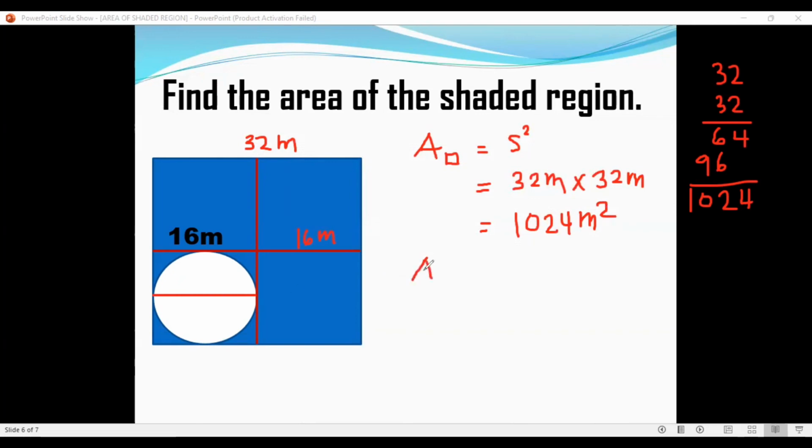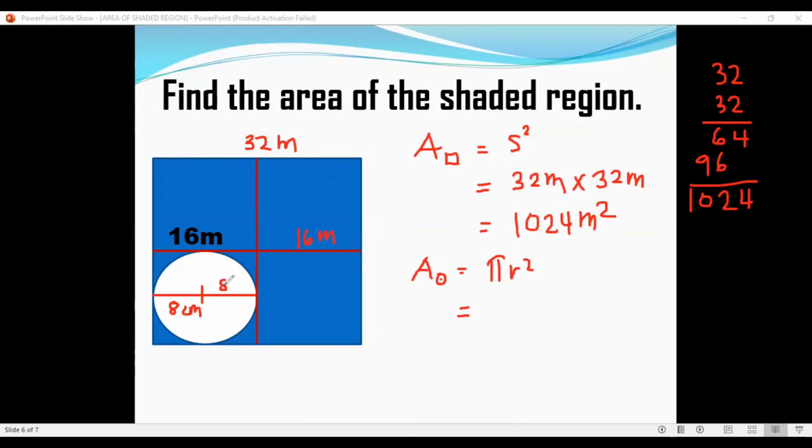So the area of the circle, again, go back to the formula. We simply have pi r squared, but then again, your r is still missing. Do not forget that half the diameter is the radius. So since we have 16 here as the diameter, we just divide that by 2, making that now equal to 8 cm.